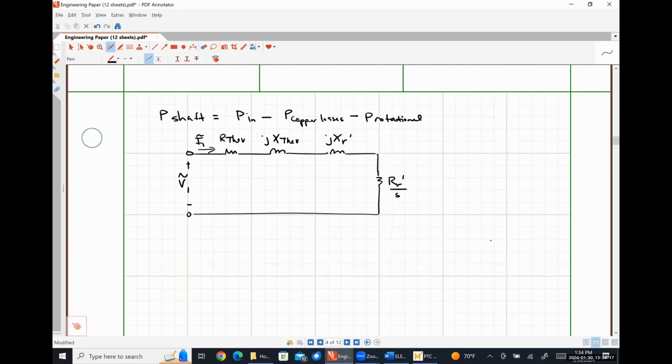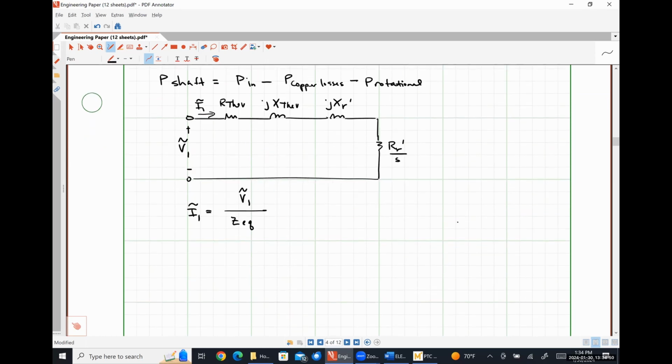So my current I1 would just be equal to the voltage V1 divided by the equivalent impedance of my motor, using whatever model that I'm using to model my motor, right?